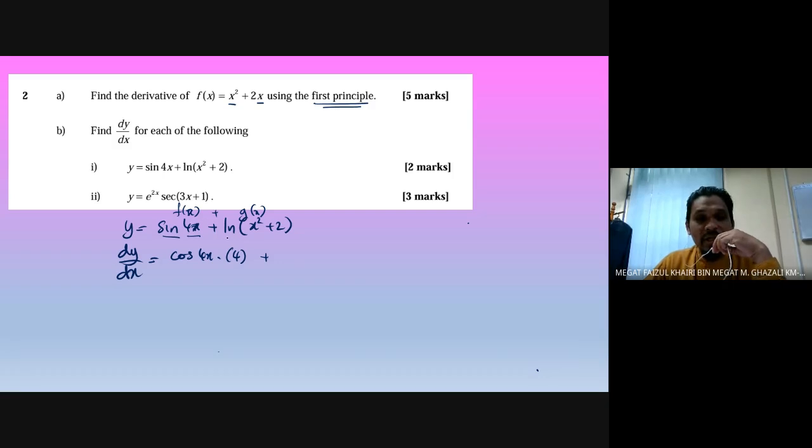So differentiate natural log, it gives you 1 over x squared plus 2, and then differentiate the function x squared plus 2, 2x. So then rearranging this, 4 cos 4x plus 2x divided by x squared plus 2.